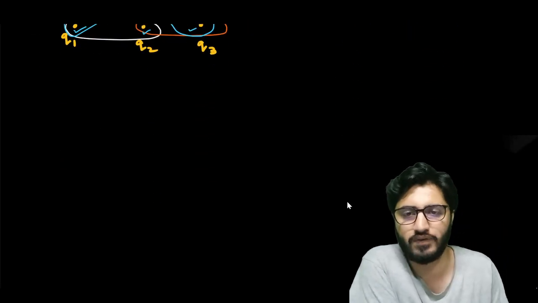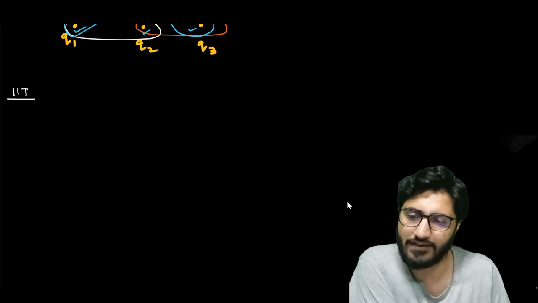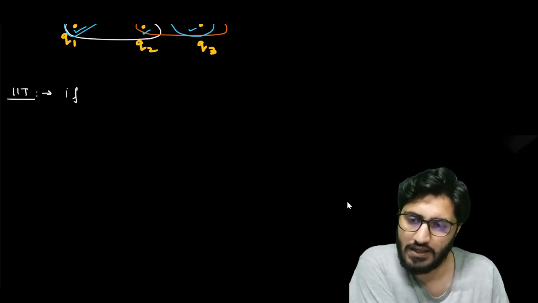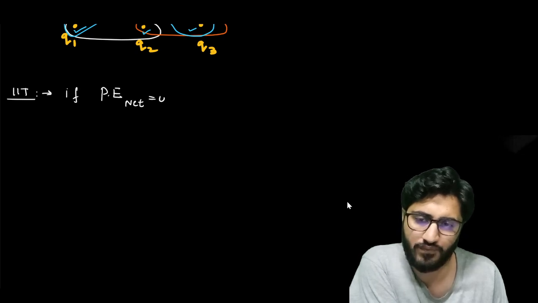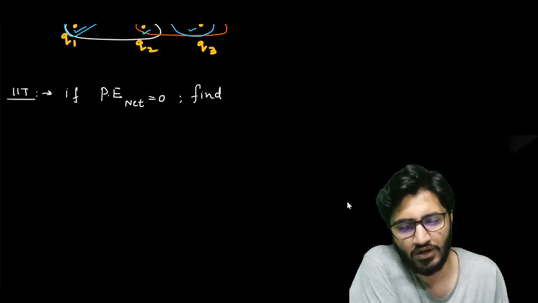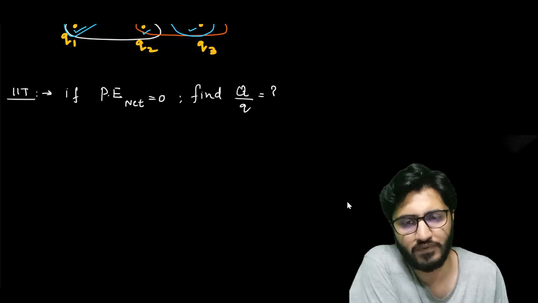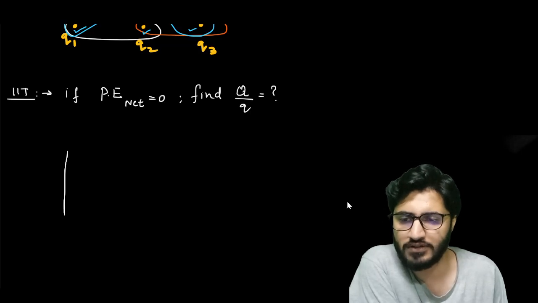Look, this numerical was asked in your IIT examination. If the net potential energy of my system is zero, then find the ratio of Q by q. Now my system is in this way.